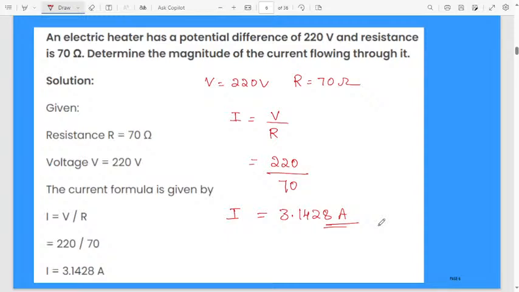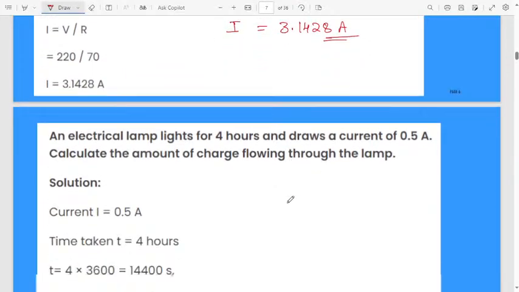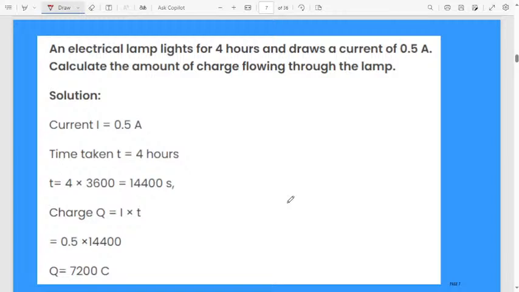A simple problem like this, definitely they will ask in the exam. An electric heater, potential difference is given, resistance is given, you know the formula, you have to find the current: I is V by R, then simplify, you will get 3.1428 ampere. Then let us move to the next question.